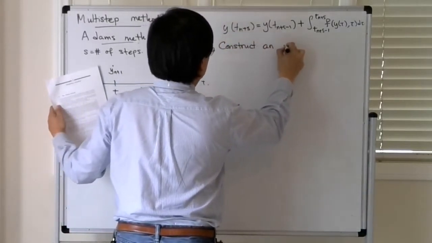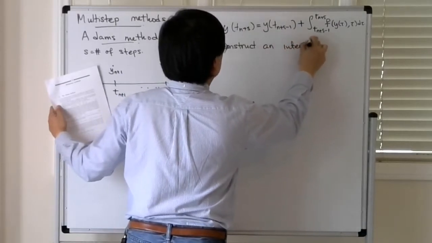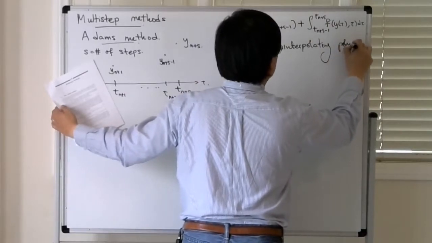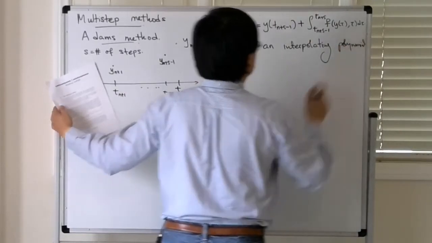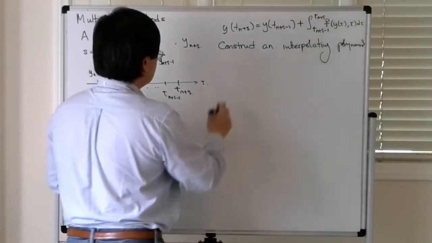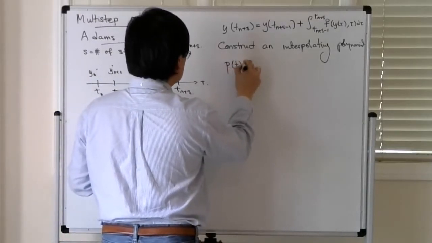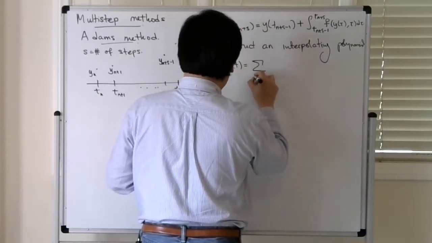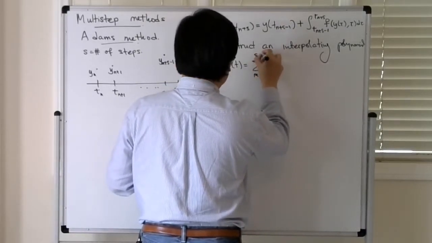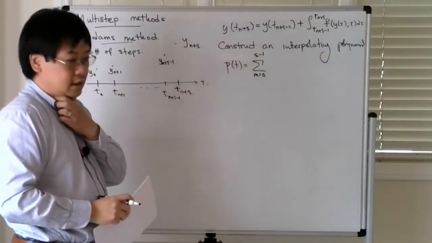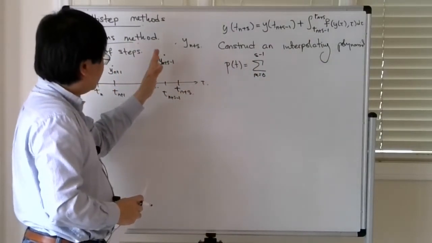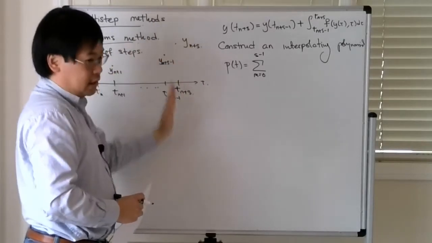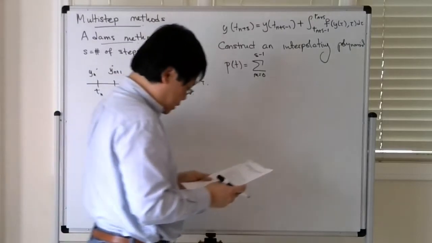an interpolating polynomial. Okay. So let's call that P of t. Okay. So it's this sum from m equals 0 to s minus 1. So I'm going to first look at the case for the Adams-Bashforth case where I only use the data which is already known to me and I'm not using the values at the new point.